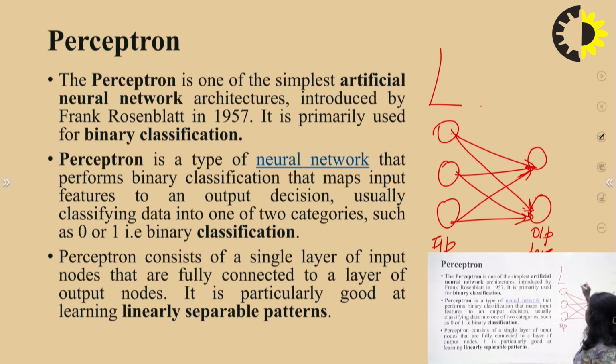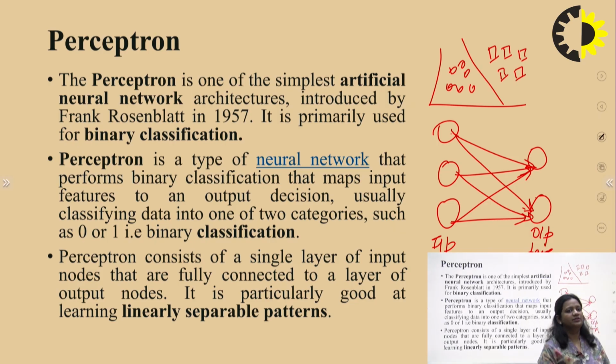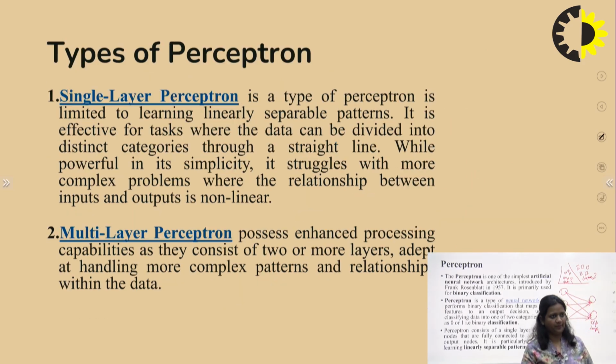For example, if we have two classes like this, and we have to separate our data by a single straight line. So when two classes are separated by a straight line, under this concept, single layer perceptron is basically used.